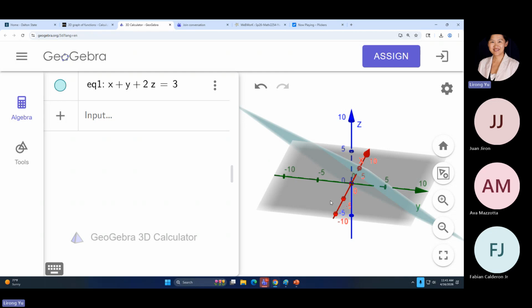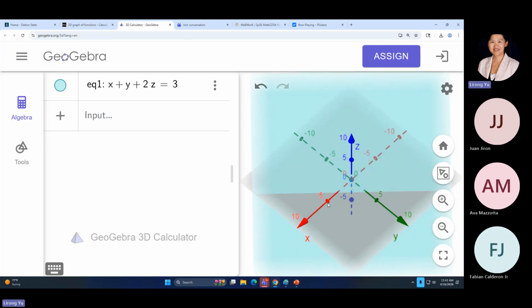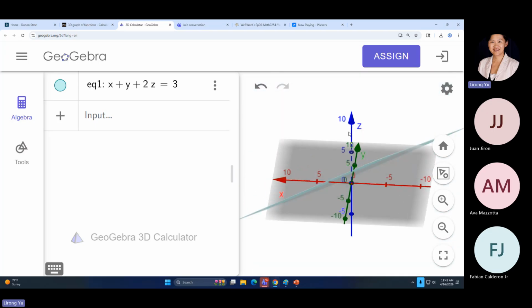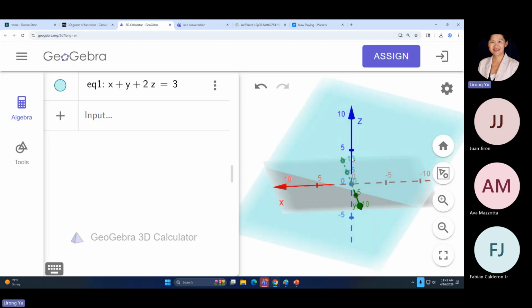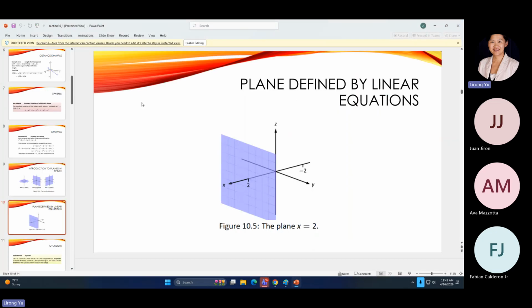On the z-axis, 2z equals 3, so z equals 1.5. You can adjust your point of view to see the intersection. This is just a three-dimensional view of the image. You have to adjust it to see better.